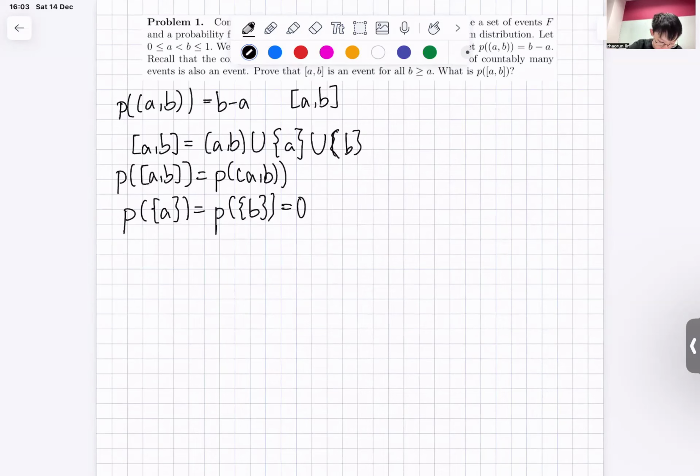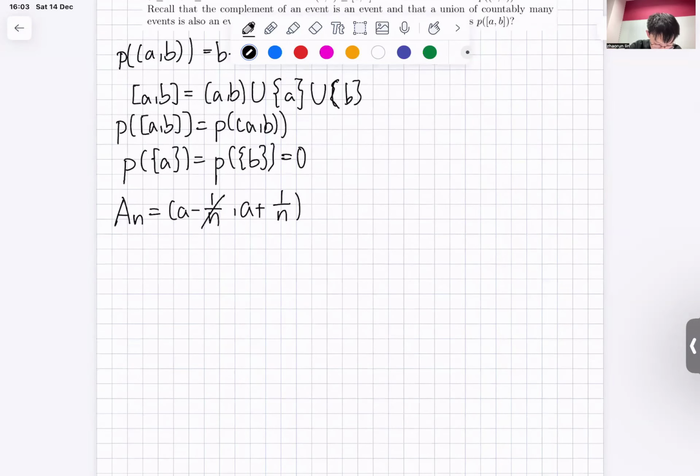To see that, let's take A as an example. We can set A_n to be the interval (A minus 1 over n, A plus 1 over n). As n tends to infinity, this part goes to 0, so this interval shrinks down to a singleton event.